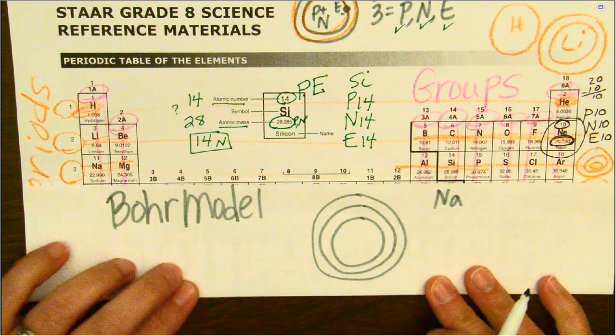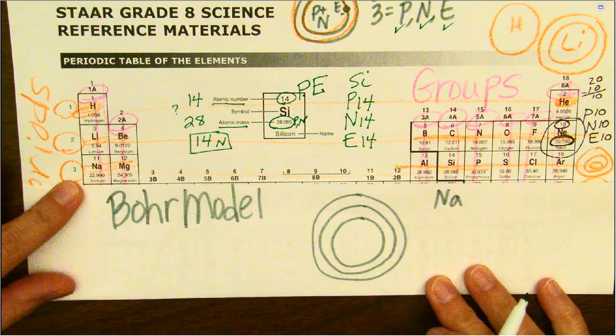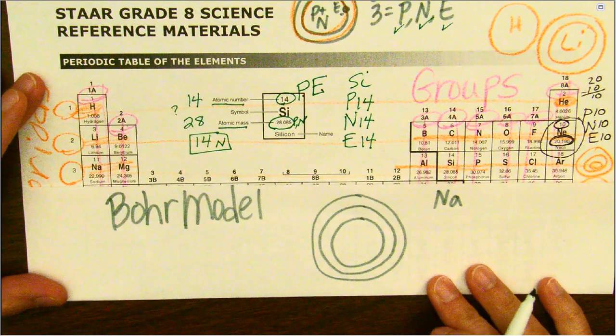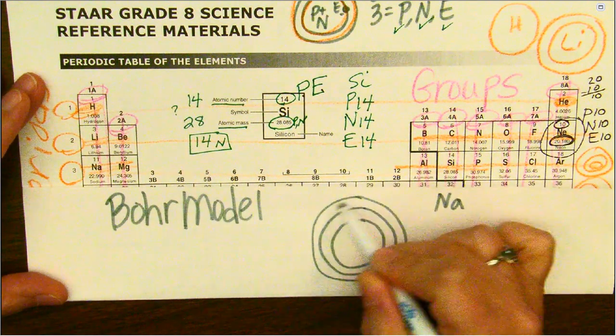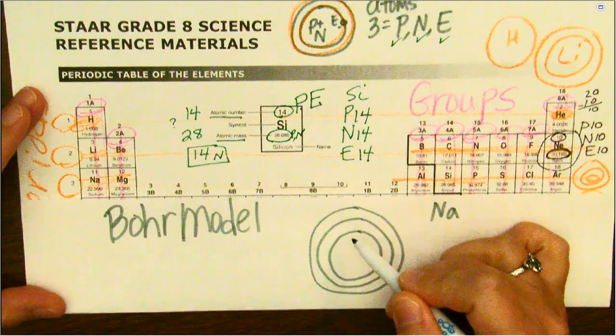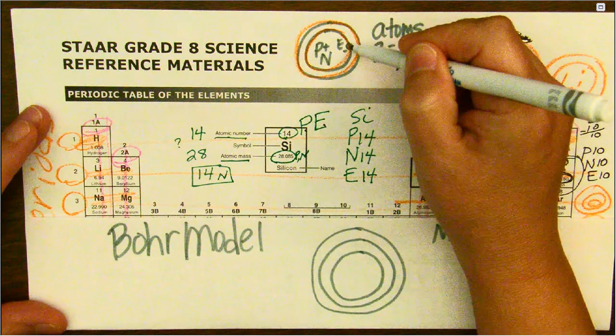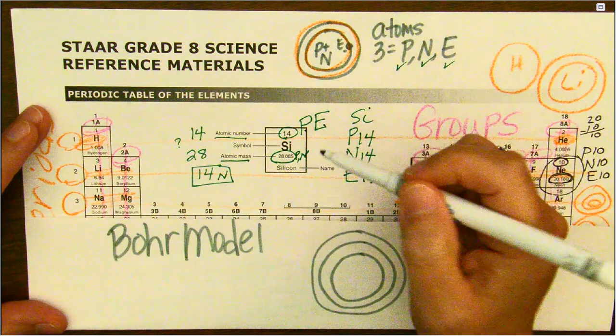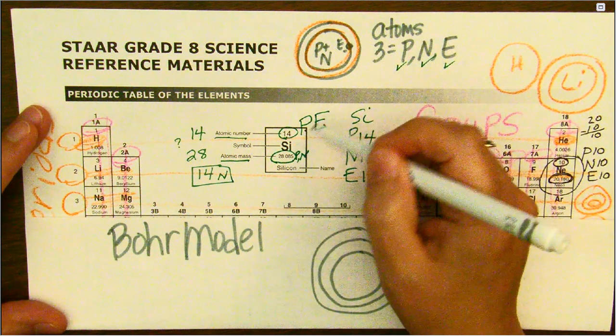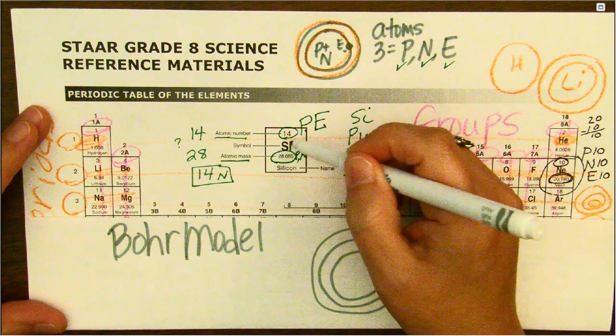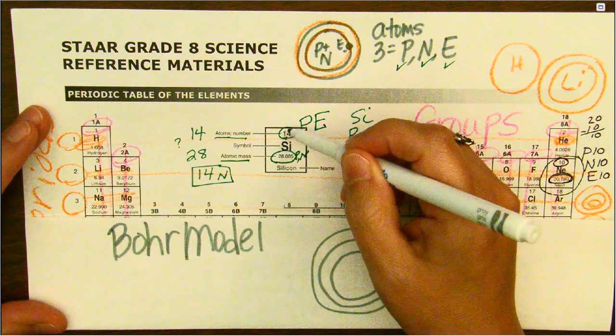Now, remember how we could tell how many electrons there are? This is the outer part of the atom, and if you remember from our notes, the outer part of the atom is where the electrons are. We find out how many electrons we have based on this top number in the box, called the atomic number.